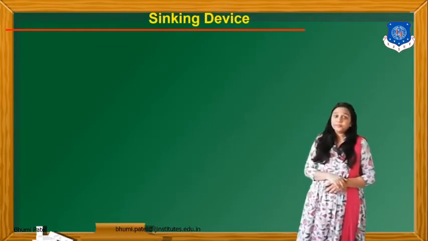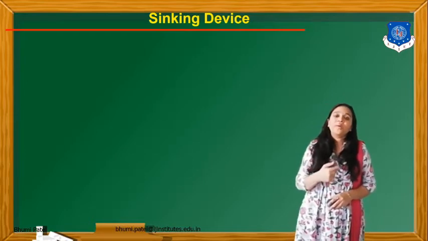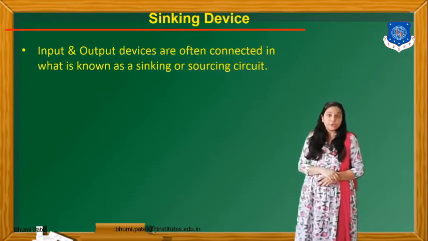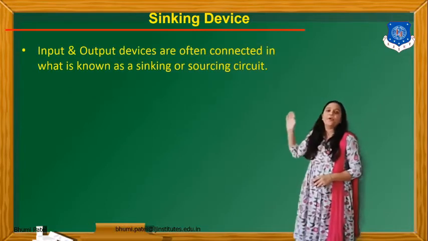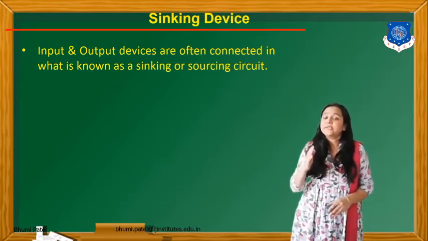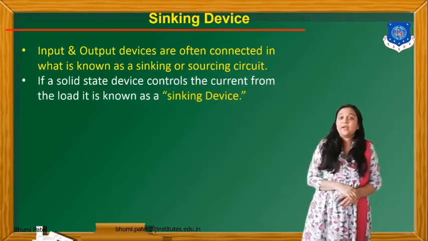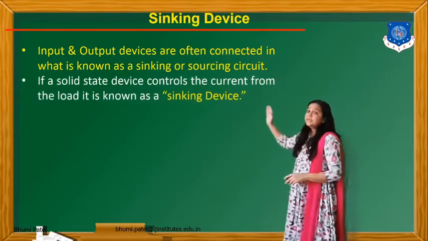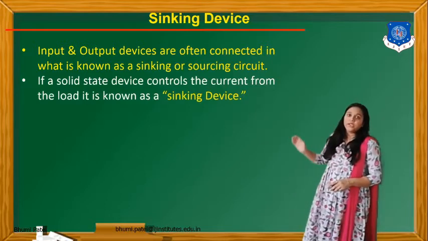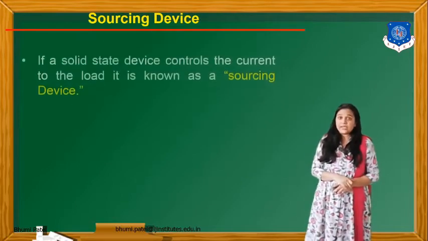Now whenever we deal with the output module, we should know about two devices, the sinking device and the sourcing device. The input and output devices are often connected in what is known as the sinking and sourcing circuit. Now what is the sinking device? If a solid state device controls the current from the load, it is known as the sinking device. And what is the sourcing device?